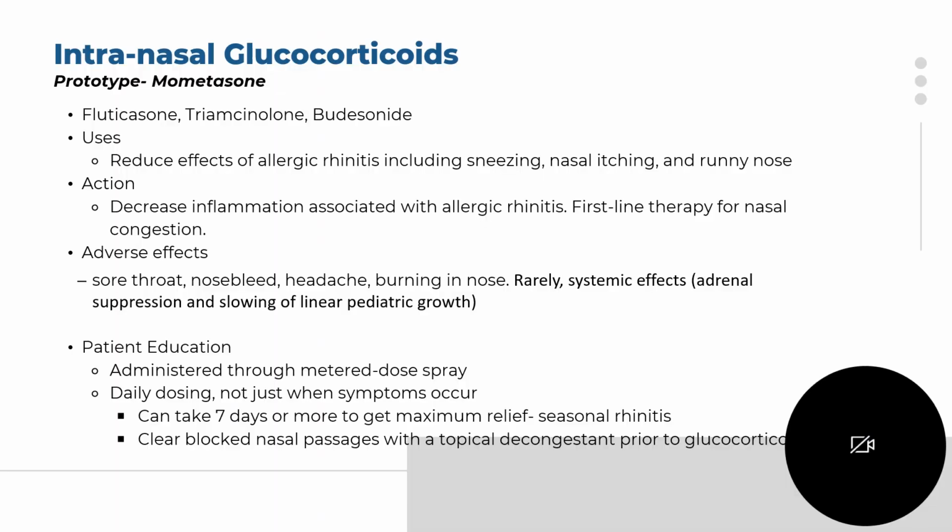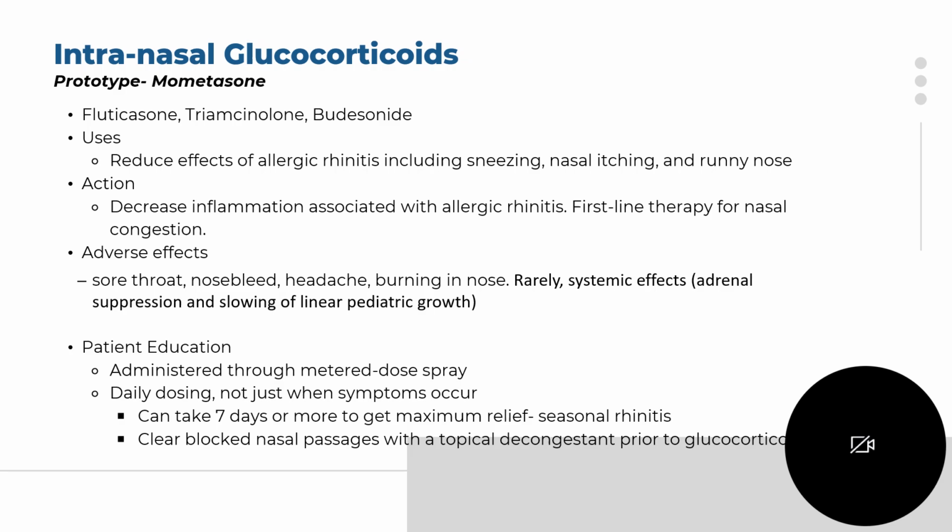Okay, so an example of an intranasal glucocorticoid is mometasone. Fluticasone is another common intranasal glucocorticoid, and it helps to reduce that inflammation and control sneezing, itching, runny nose. If somebody has nasal congestion, this is going to be the first line treatment.